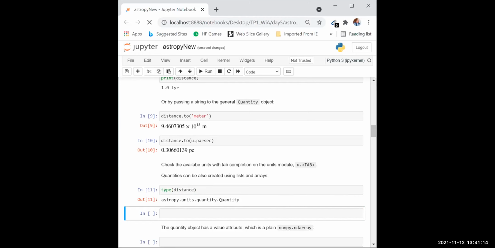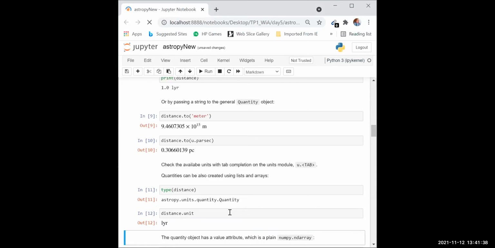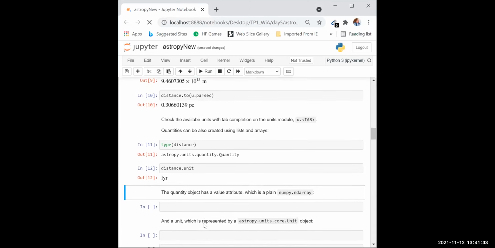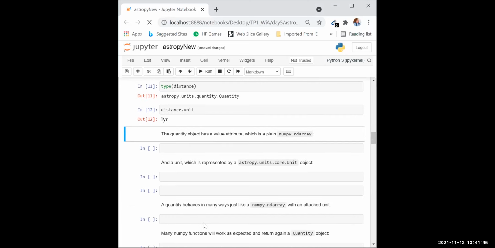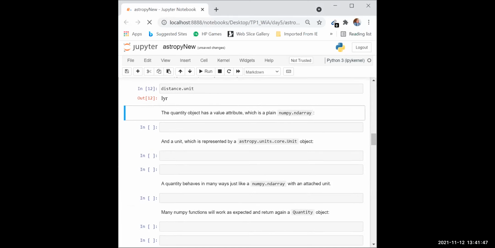Okay, and I can also check, if I use this distance unit, it shows me that the variable distance which we have defined is in light years, right? So you can convert these from one to the other, and so on.